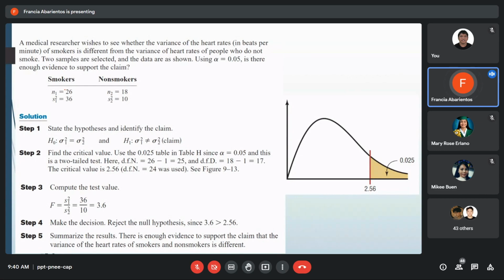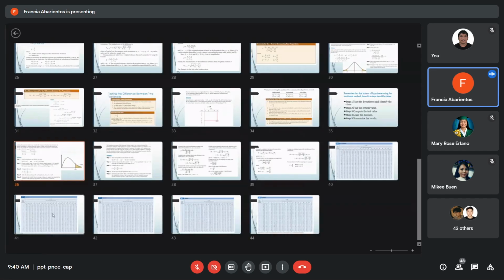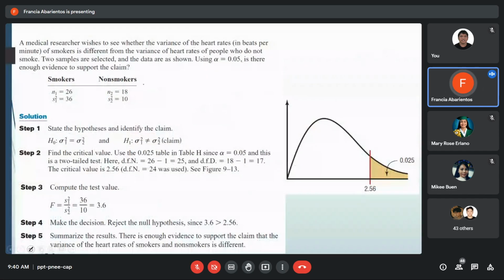Okay, so a medical researcher wishes to see whether the variances of the heart rates, in beats per minute, of smokers is different from the variance of heart rates of people who do not smoke.